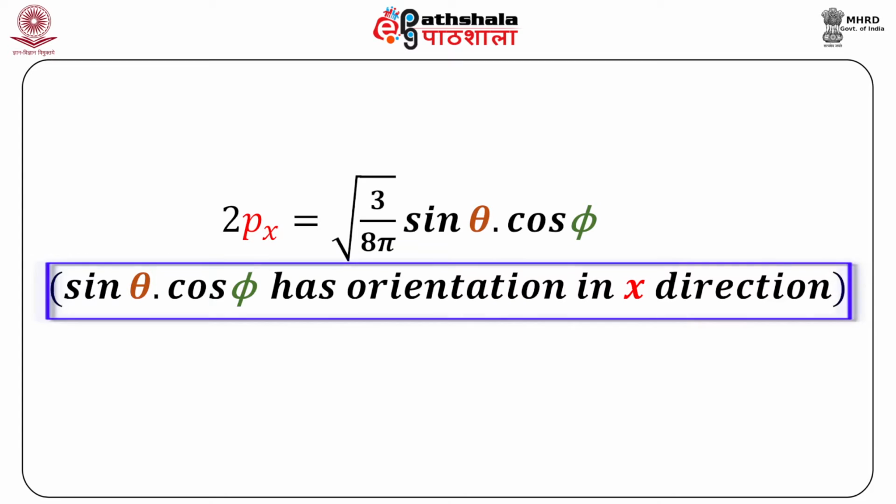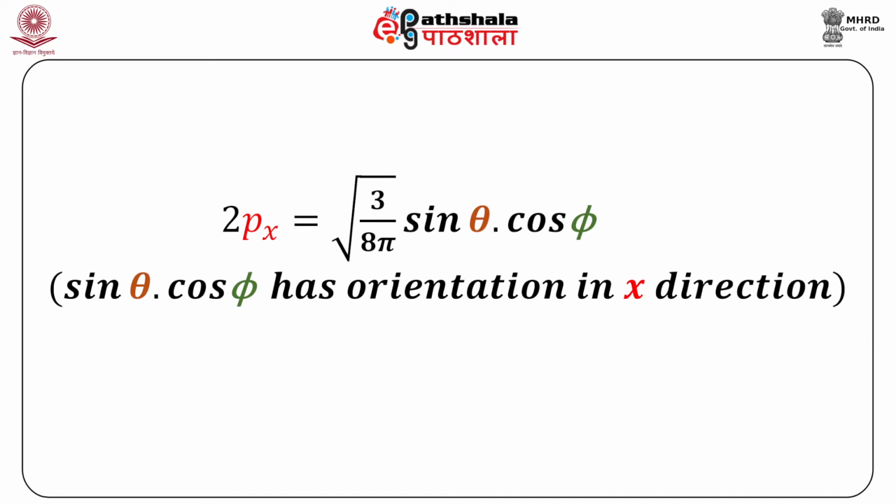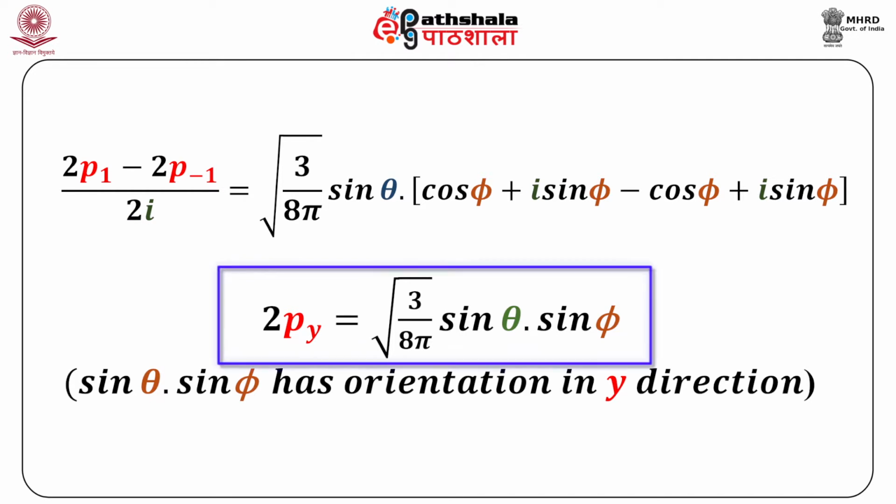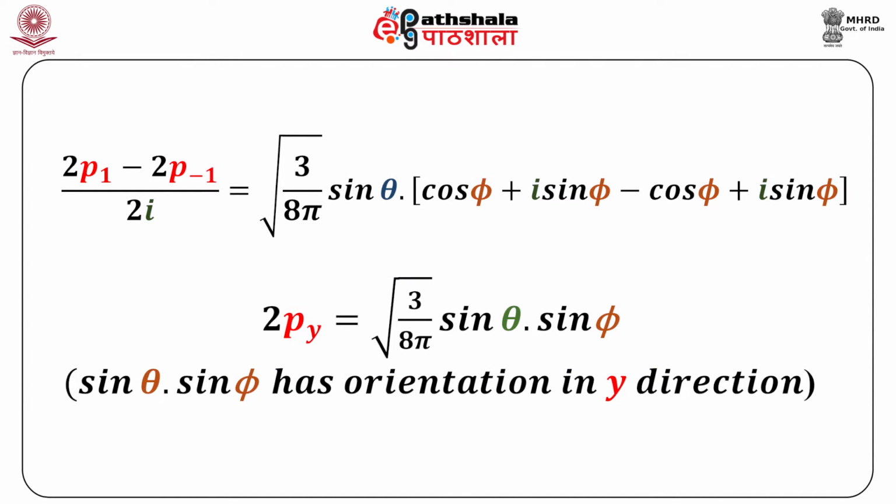Now sine theta cos phi has orientation along x direction, and therefore we call this atomic orbital 2px. On the other hand, if we take another linear combination which is 2p1 minus 2p minus 1 divided by 2 iota, then we get, as you can see here, under root 3 by 8 pi sine theta sine phi, and this has orientation along y direction.